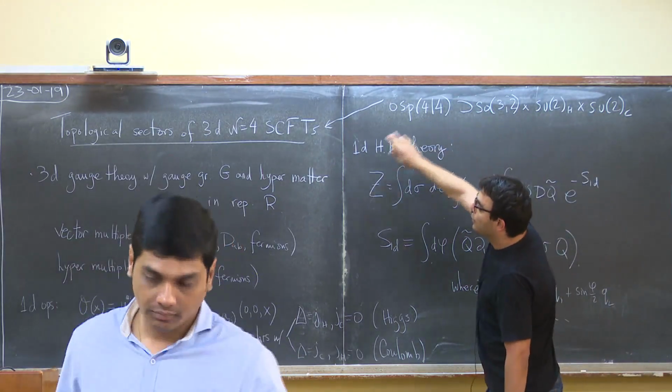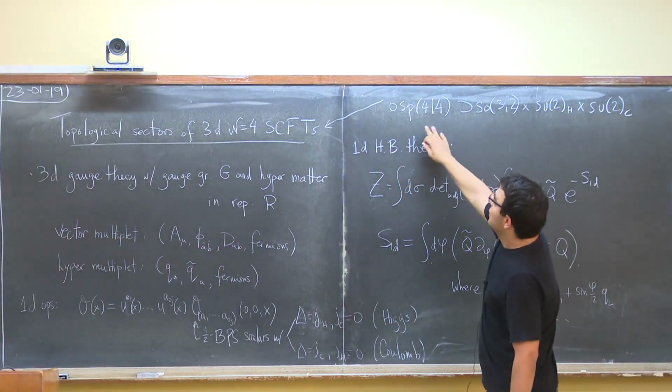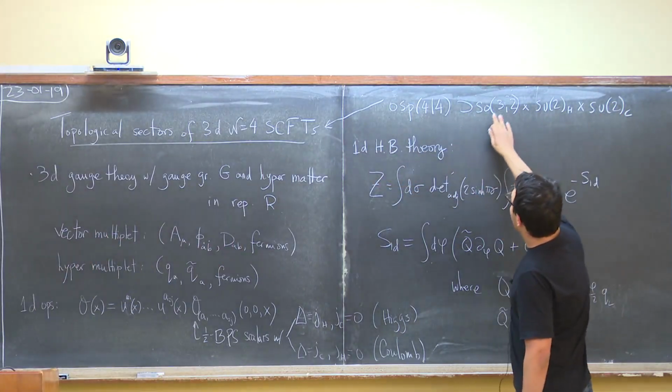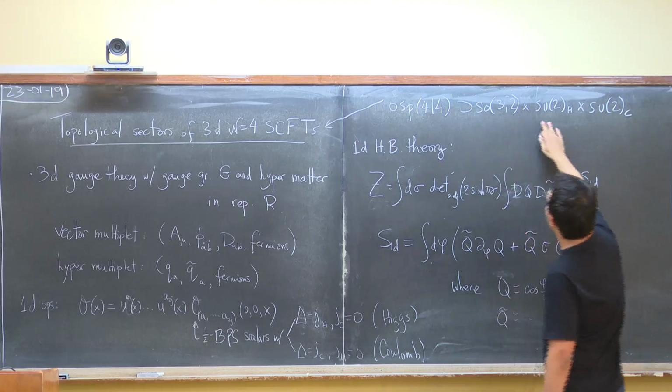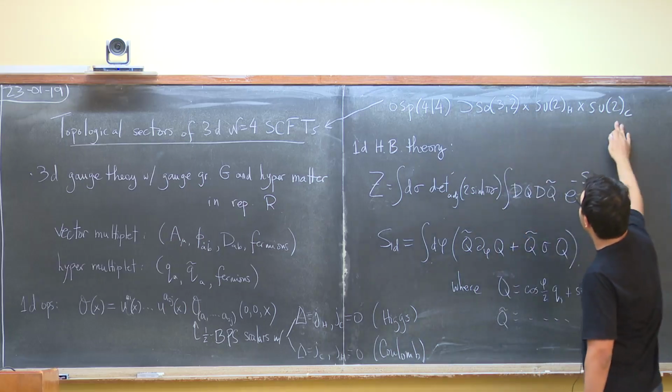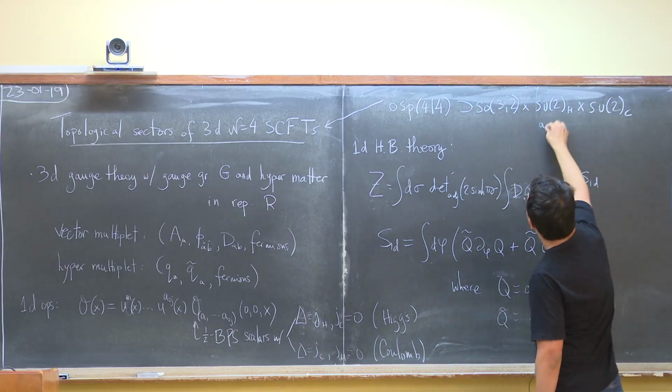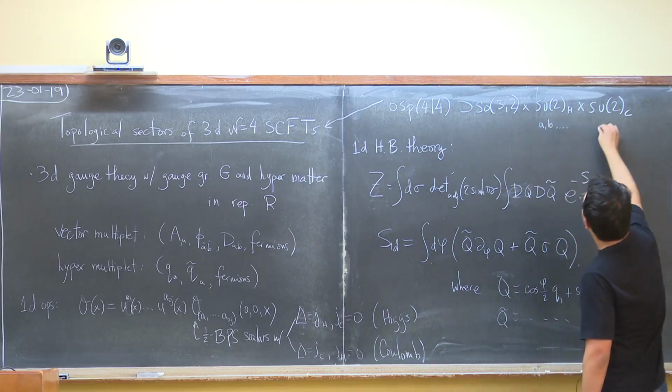So for these three-dimensional superconformal field theories, the superalgebra is always OSp(4|4). It has as a subalgebra a conformal algebra and some R-symmetry, which is SU(2)_H times SU(2)_C. The SU(2)_H indices are A, B, and so on, and the SU(2)_C indices are dotted.